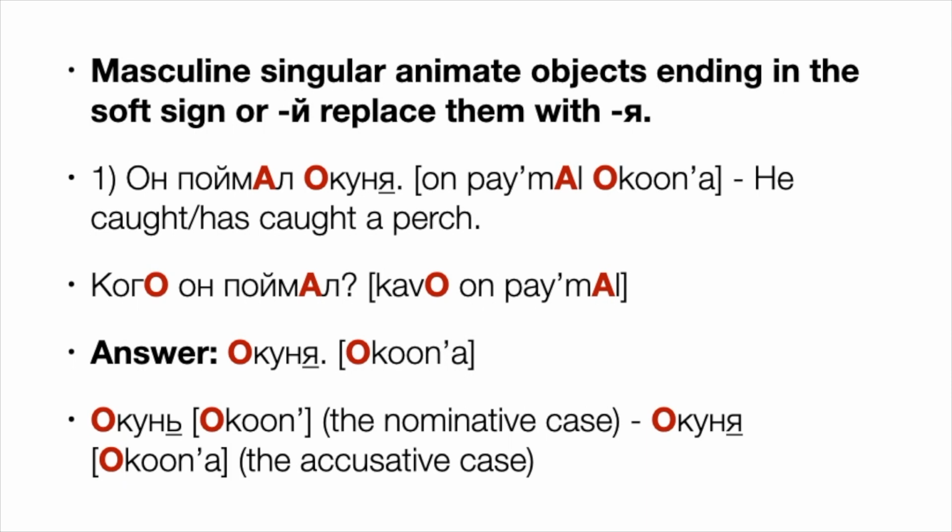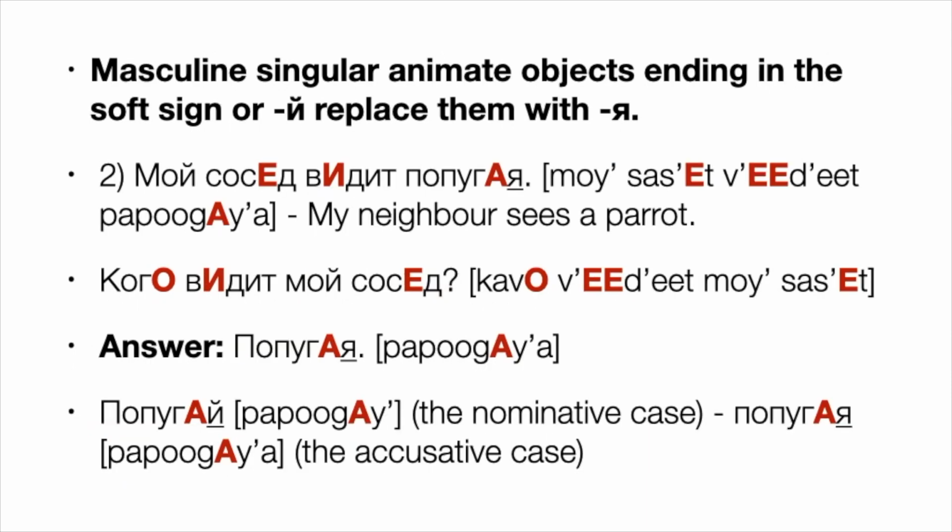Masculine singular animate objects ending in the soft sign or -й replace them with the letter -я in this case. Number 1. Он поймал окуня. Кого он поймал? Answer: окуня. Number 2. Мой сосед видит попугая.